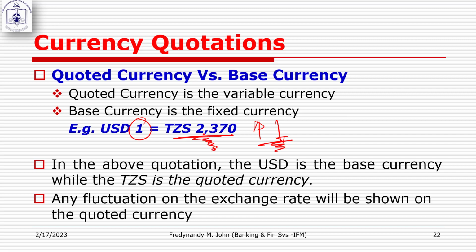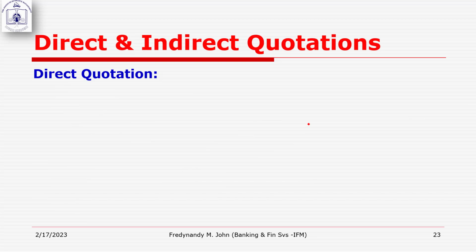For example, if this is today's exchange rate and tomorrow it is 1 USD for Tanzanian shillings 2,375, it means the USD has appreciated in its value relative to the Tanzanian shillings, or in another way around, the Tanzanian shillings has declined in its value, because yesterday you needed few Tanzanian shillings to purchase 1 USD, and today you need even more Tanzanian shillings to purchase exactly the same amount of the USD.